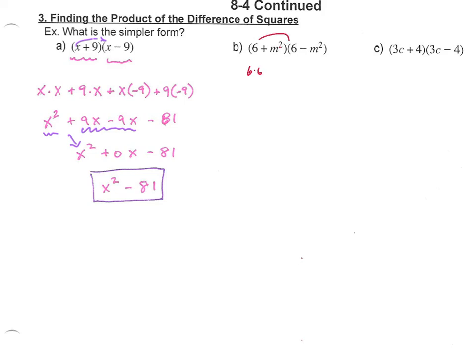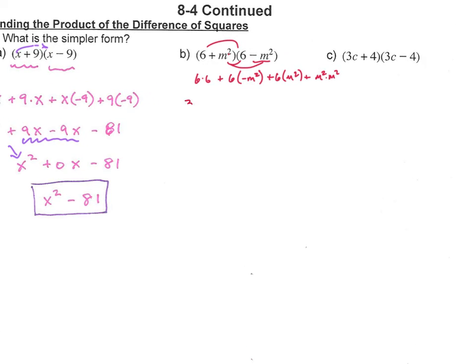So I have 6 times 6 plus 6 times negative m squared plus 6 times m squared, and then plus m squared times m squared, and that will come to 36 minus 6m squared plus 6m squared plus m to the fourth, because remember when we're multiplying like bases, the exponents are added together.